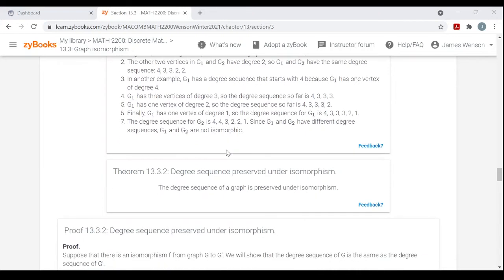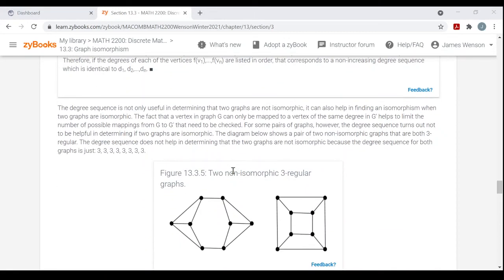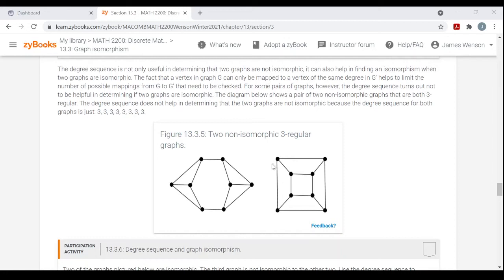All right, but then they get into, well, what if is every pair of graphs with the same degree sequence isomorphic? No. Just because two graphs have the same degree sequence.